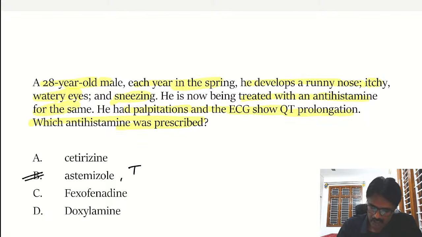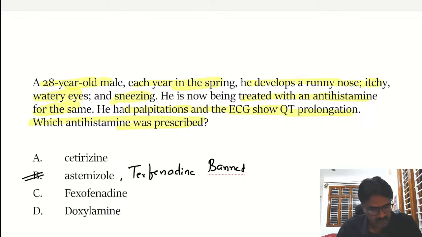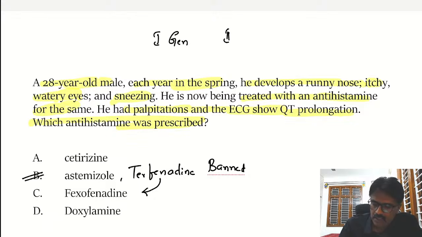One more antihistamine is terfenadine, and they have been banned. Now fexofenadine is a derivative of terfenadine, but it will not cause QT prolongation. If you remember the antihistamine, we have two generations, the first generation and second generation antihistamine.